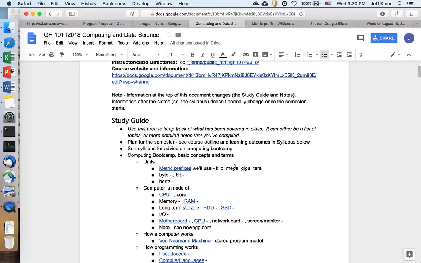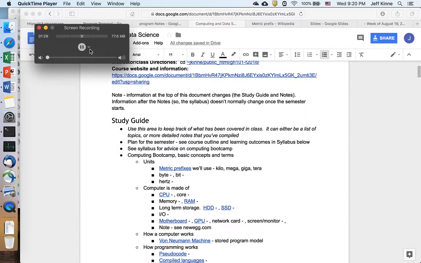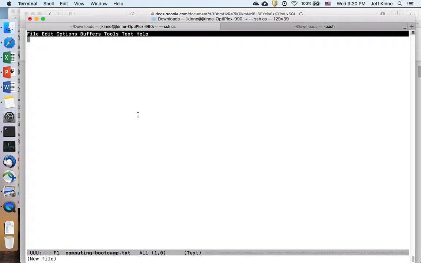And what this means is, I can ask questions on a quiz like how many kilobytes are in 1 megabyte, or how many, let's say, megabytes are in 1 terabyte.